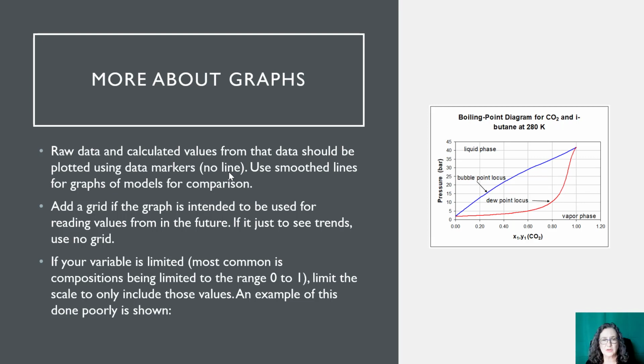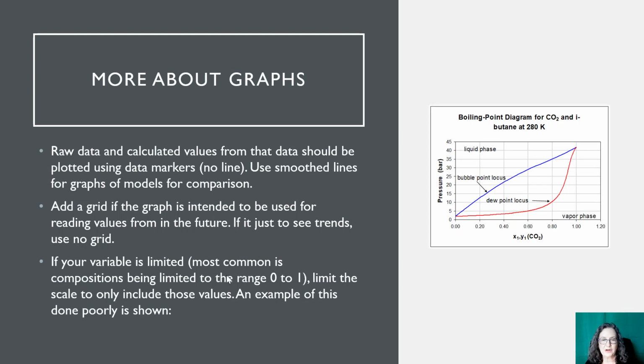Almost never do I use connect the dots in Excel. You want to add a grid when the graph is being used to read values from the graph. But if all you're wanting to do is see trends, like, oh, this is going uphill or it had a maximum, in those cases, don't put a grid. It just clutters things.